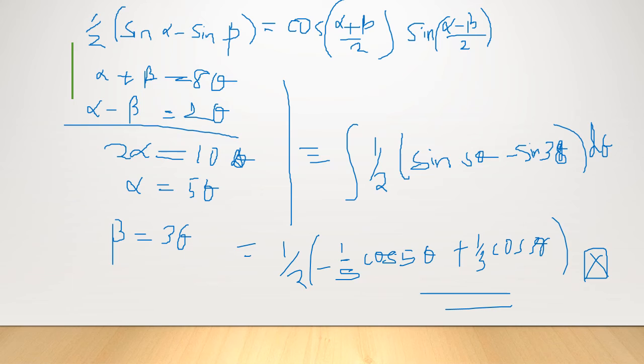So this will be the same as now the two is up on the other side: cos of (alpha plus beta) over 2, sine of (alpha minus beta) over 2.